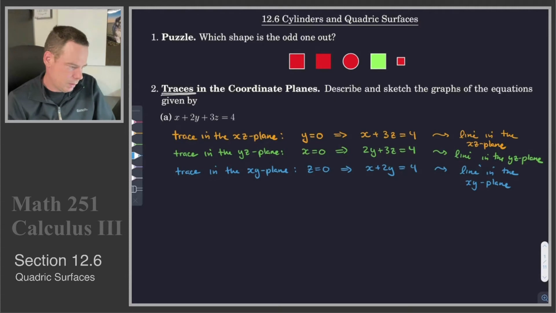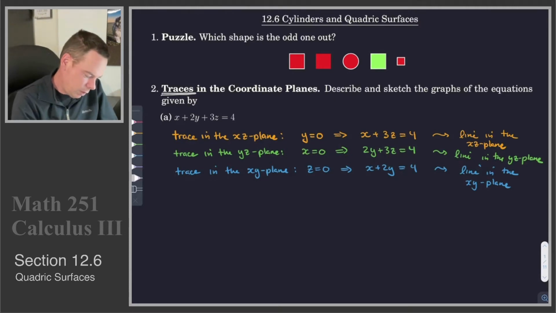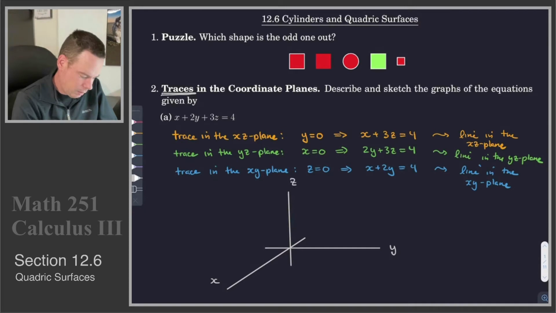Okay, so we get various lines. And then I can use this information to start to get a sketch of what this object looks like. So I'll draw my coordinate axes in. This is our x-axis, our y-axis, and our z-axis. And what we found is that in the xz plane, it's given by this line.